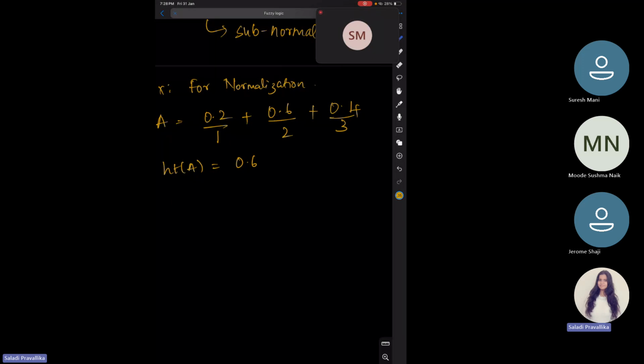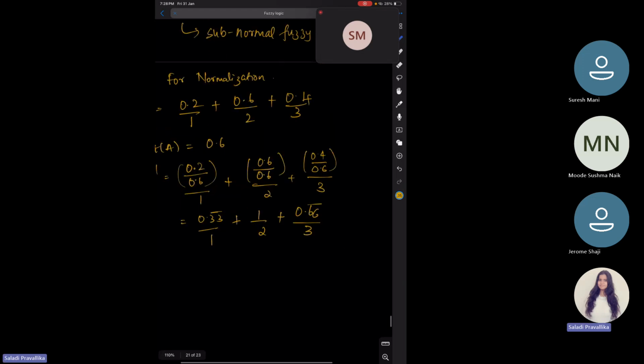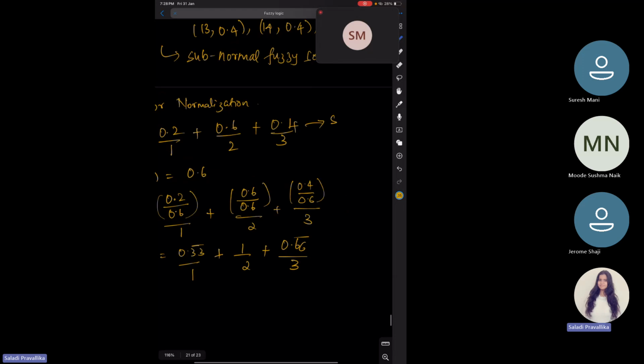For the normalized one, what we do is take each membership value and divide it by 0.6: 0.2 divided by 0.6 gives 0.33 for 1, 0.6 divided by 0.6 gives 1 for 2, and 0.4 divided by 0.6 gives 0.66 for 3. Right? So now A is basically a subnormal fuzzy set.